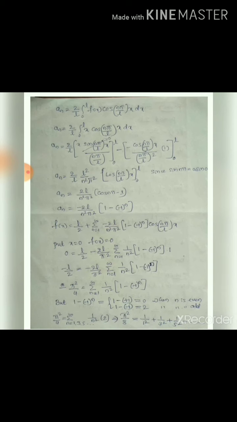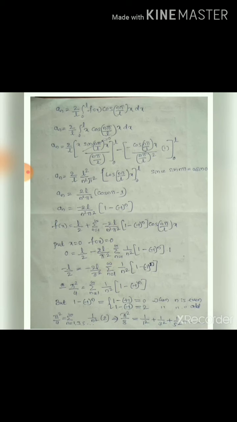Therefore what we got? Pi square divided by 4 equal to summation n equal to 1, 3, 5 and so on to infinity, because for even terms this value becomes 0. Therefore, only take the odd terms, 1 upon n square into 2.